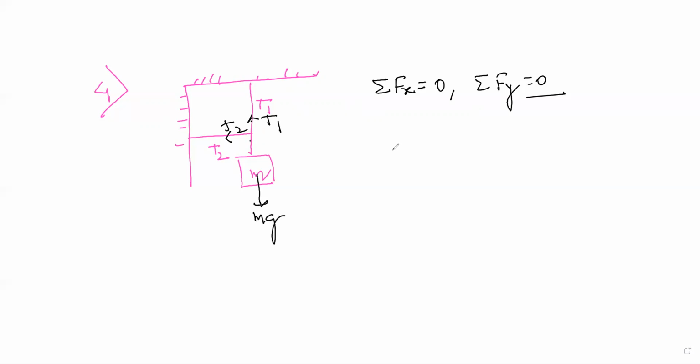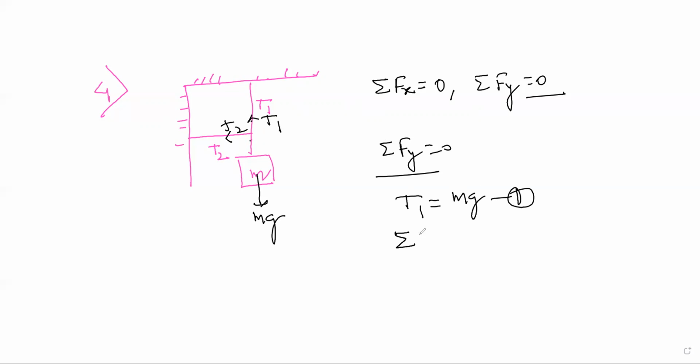Since again it is in equilibrium, sigma Fx will be equal to 0 and sigma Fy will also be equal to 0. Why am I telling these things? Because it is in equilibrium. This is T2 and this is T1. Of course, weight will act vertically downward. For sigma Fy equal to 0, that means T1 is equal to mg. This is the first equation.